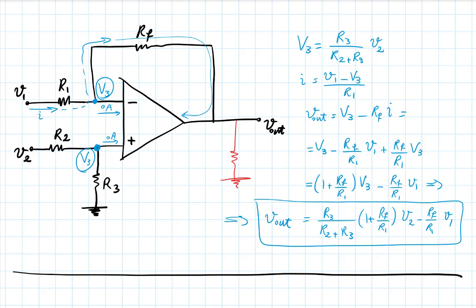Now that current will have to split. So instead of going like that, it will have to go here. Part of it has to go to this resistor, and the rest will go to the op-amp. So the output current of the op-amp has now changed to accommodate for what we need to provide here.